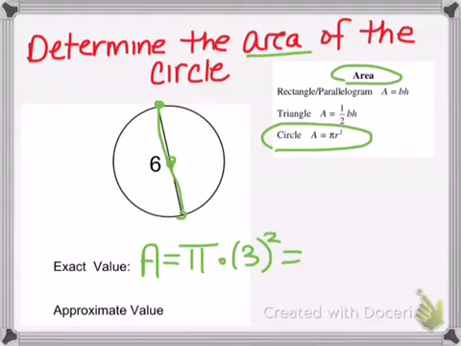If I put that in my calculator, I would get pi times 3 squared, and that was going to give me 9 pi. If I want to find the approximated value, I would hit the SD button, and that would give me 28.3 if I round to the nearest tenth.